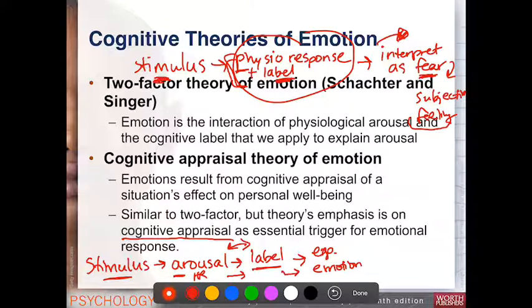Because many emotions have the same arousal of increased heart rate, eyes dilating, trembling. You can tremble because you're happy, so you can shake. Your hands can shake because you're so excited. You can shake because you're scared. Your heart rate goes up when you're excited. Your heart rate goes up when you're scared and anxious.